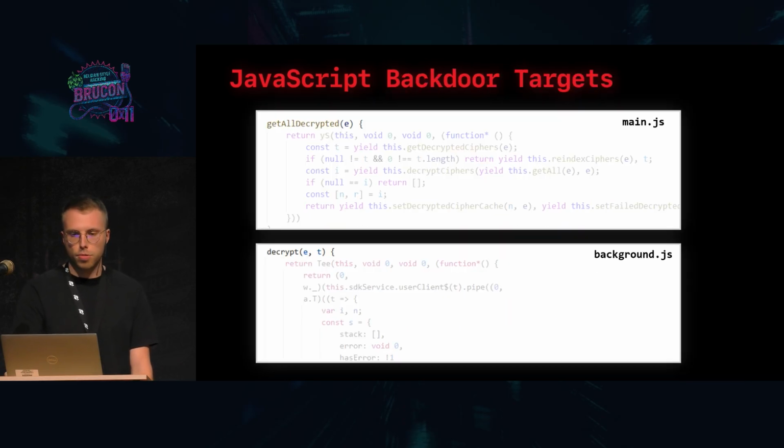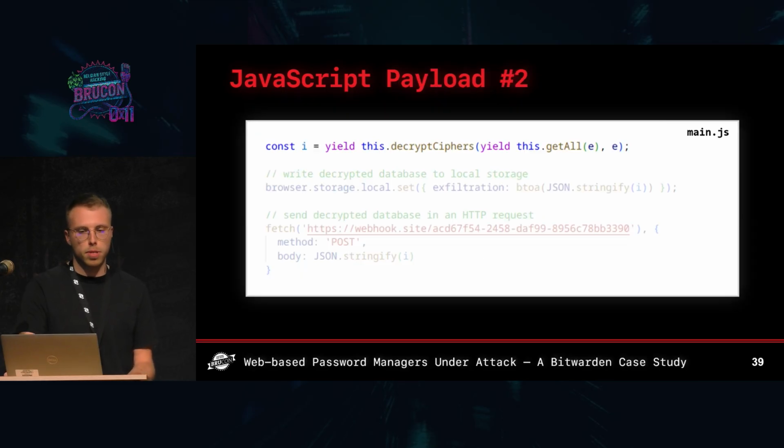As well as backdooring targets, we have two interesting files here, main.js and background.js, which are basically the front end and the back end of the extension. Each of these files has functions related to decrypting the database and getting access to the entries. So if we are able to backdoor one of these functions, we are able to get access to the decrypted database. We can build simple payloads.